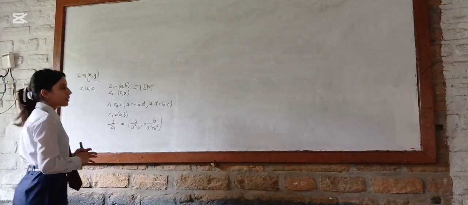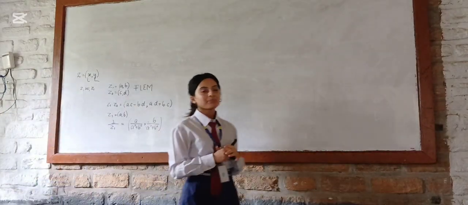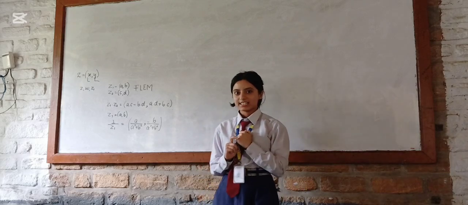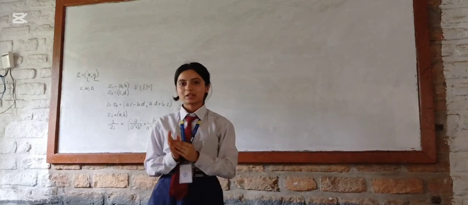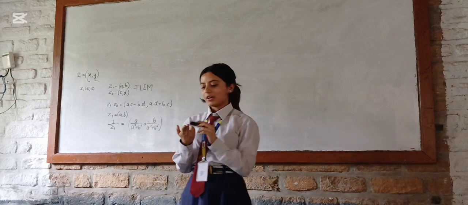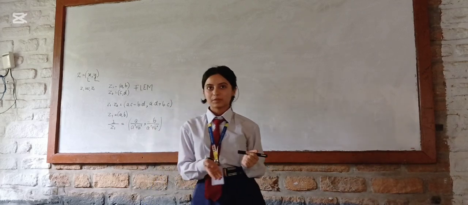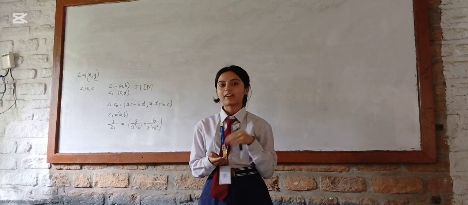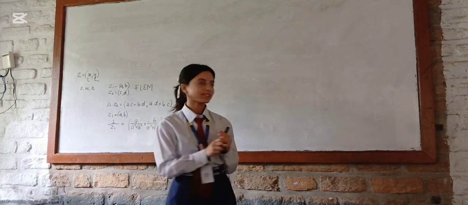There are several properties such that complex numbers have additive inverse and additive identity. The multiplication of complex numbers is associative. It is commutative and distributive over addition, and also there is existence of multiplicative identity and multiplicative inverse.